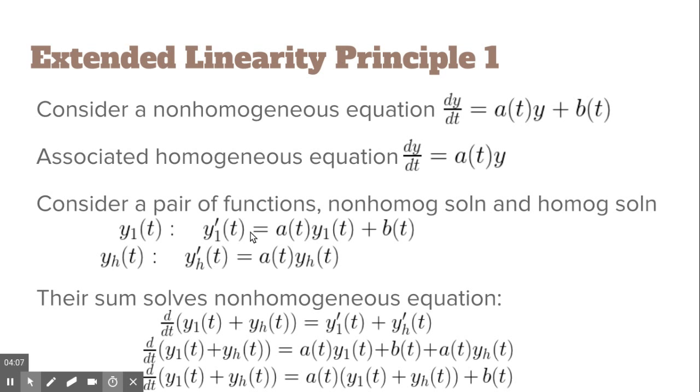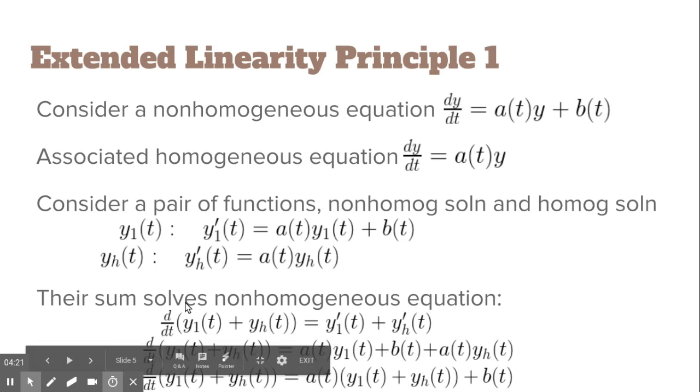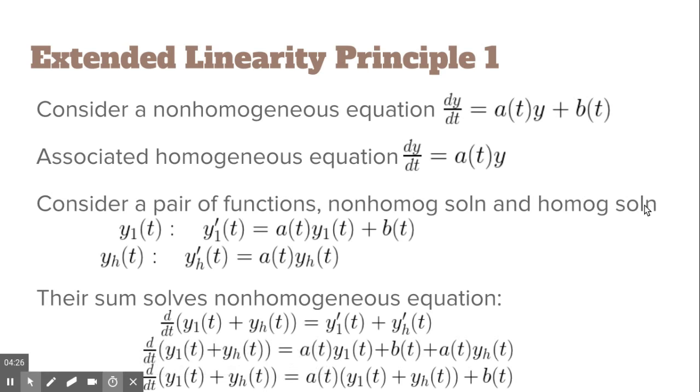So I've written there the information that would tell us they were solutions to those two equations, that the derivative of y1 is in fact a of t times y1 plus b, and the derivative of yh is in fact a of t times yh. Then if I add these two functions together, we do get that their sum will solve the non-homogeneous equation.